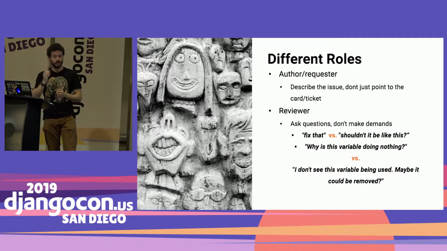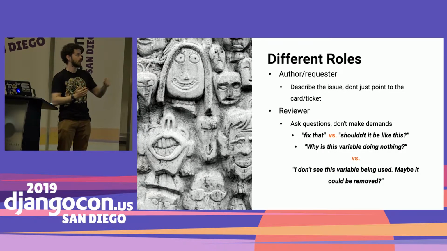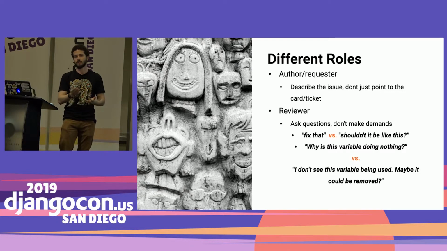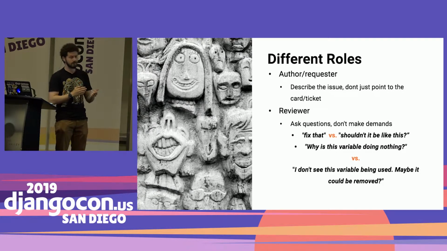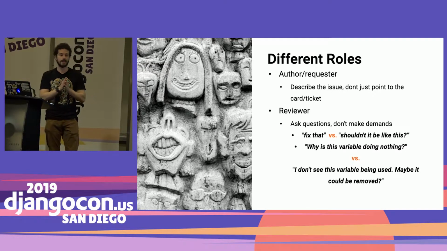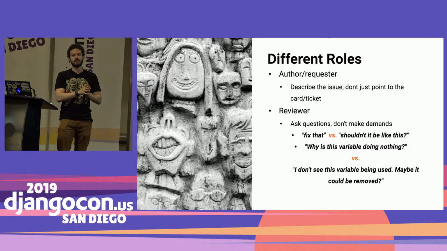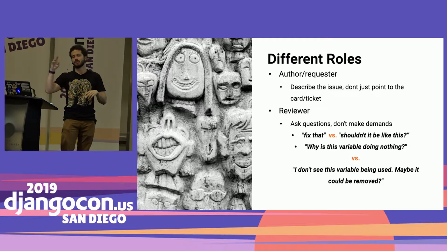When working with pull requests, there are usually two main roles: the author or the requester, and the reviewer. As the author, I think the best idea here is to always describe the issue in the pull request, not just point to the card or ticket, because sometimes you're just going to put in the description, oh, this fixes bug 3244.